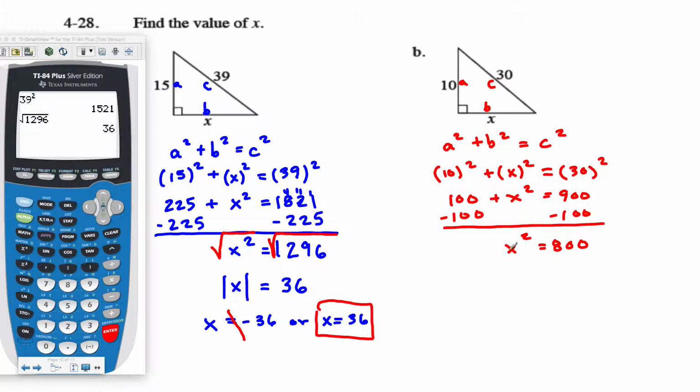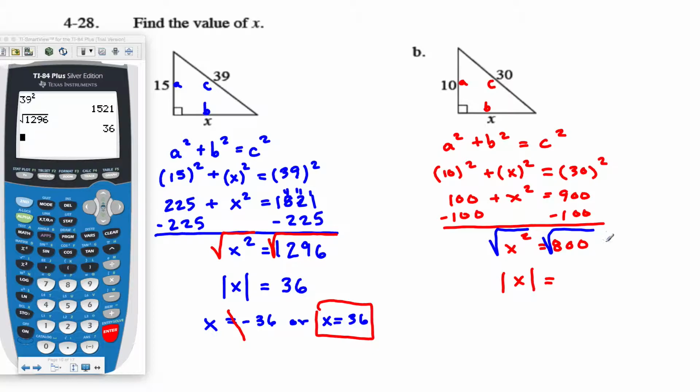Now I think we have to think about what numbers can we multiply times itself to get 800. Or if we want to undo it, just like on the last one, we could take the square root of each side. The square root of x squared is going to be the absolute value of x. Remember, the square root of anything squared is always going to be the absolute value of it. Square root of 800.